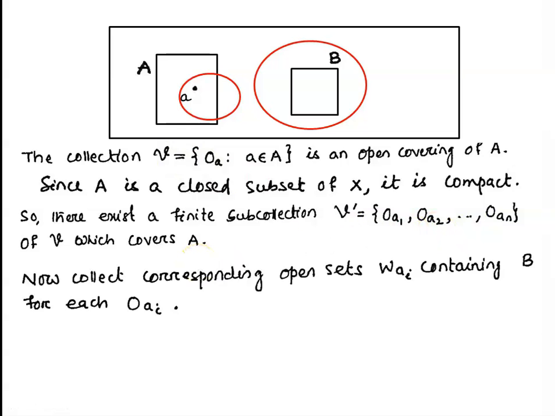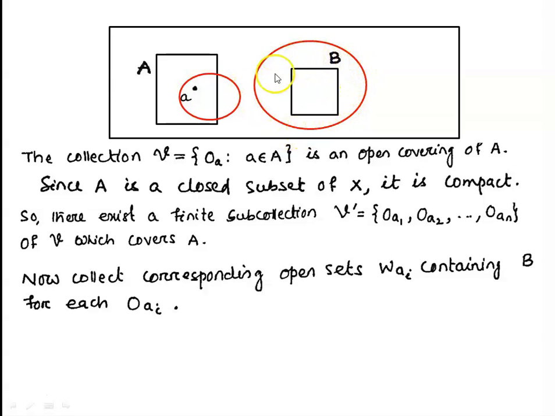Now collect all such corresponding open sets Wai. Here Oa1, Oa2, Oan are open sets containing points a in A. So for Oa1, suppose this is the open set Oa1 which contains a, then the corresponding open set which contains B is this.